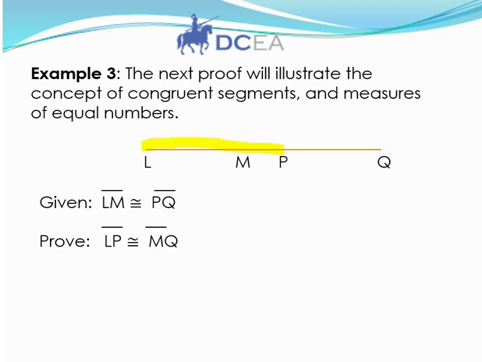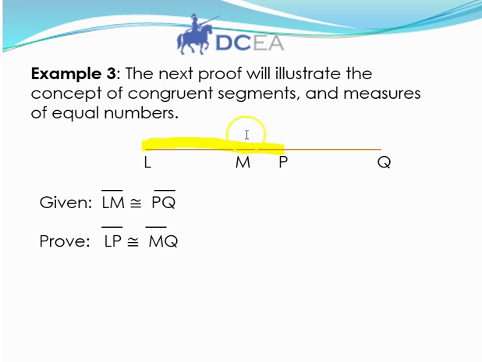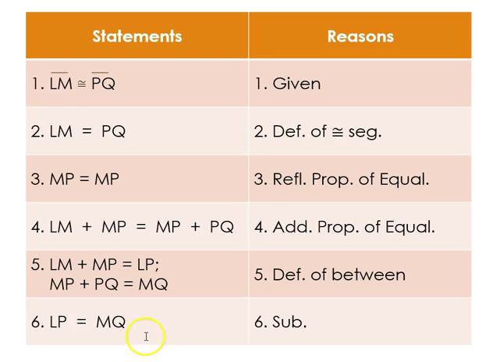Then it states that MP plus PQ equals MQ. We can do this using the definition of between. Anytime you're adding segments on a line, you'll be able to use this definition.